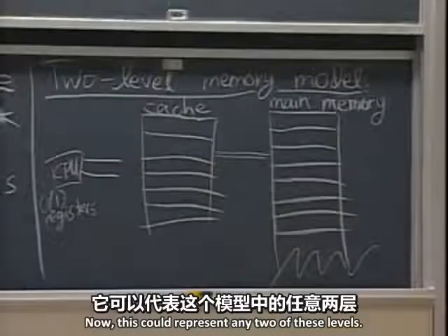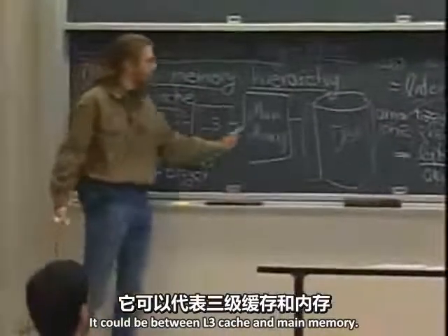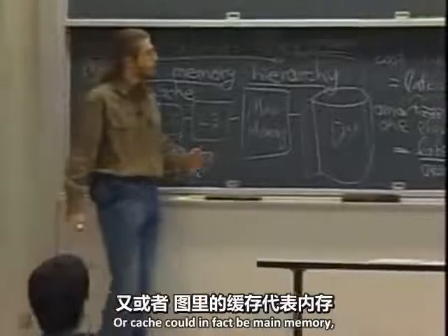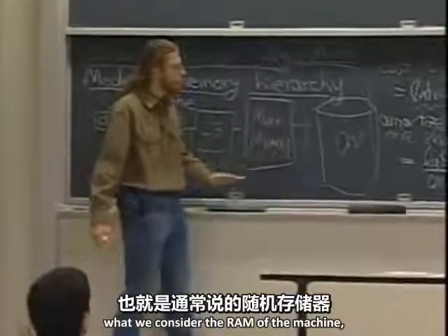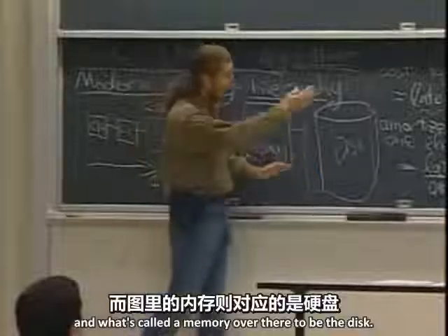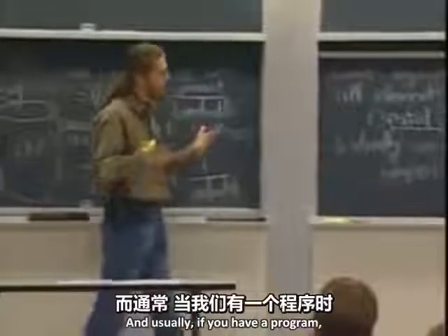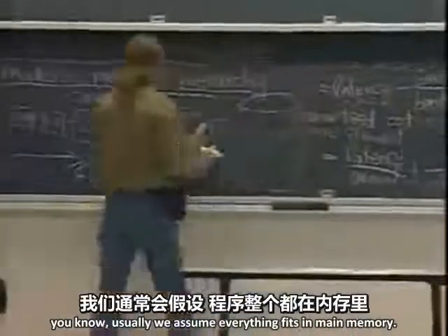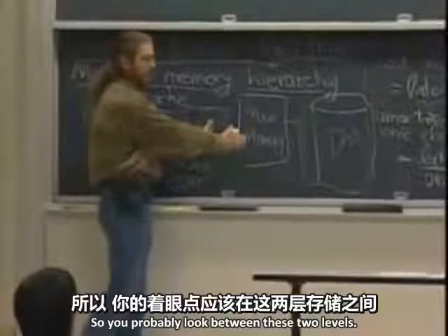Now, this could represent any two of these levels. It could be between L3 cache and main memory. That's maybe what the naming corresponds to best. Or cache could, in fact, be main memory, what we consider the RAM of the machine. And what's called main memory over there could be the disk. It's whatever you care about. Usually we assume everything fits in main memory. Then you care about the caching behavior, so you probably look at between these two levels.